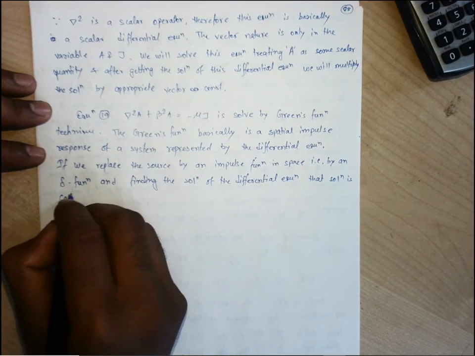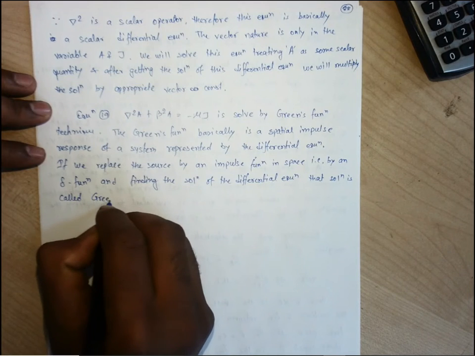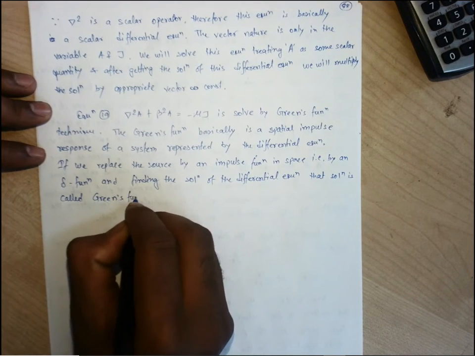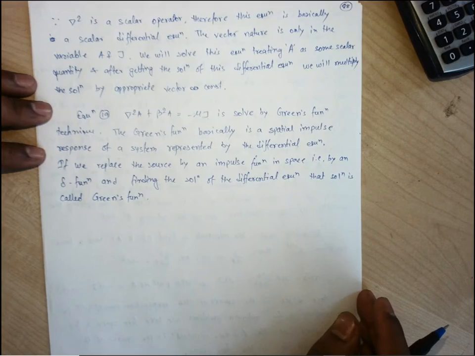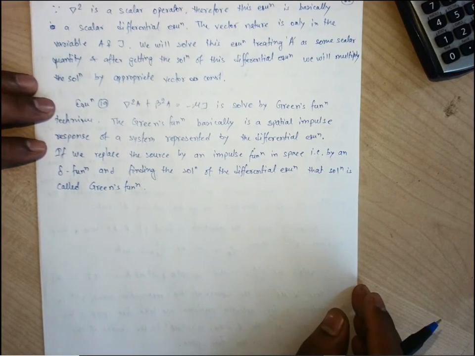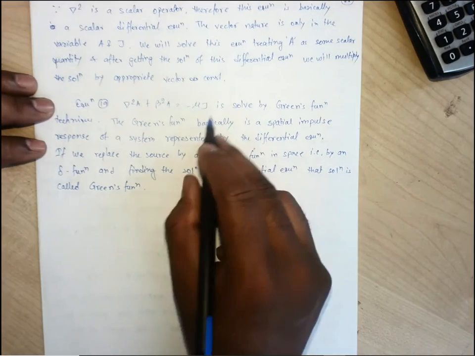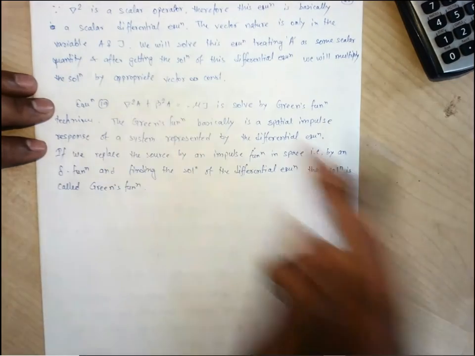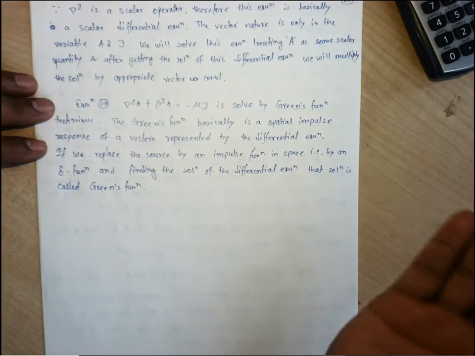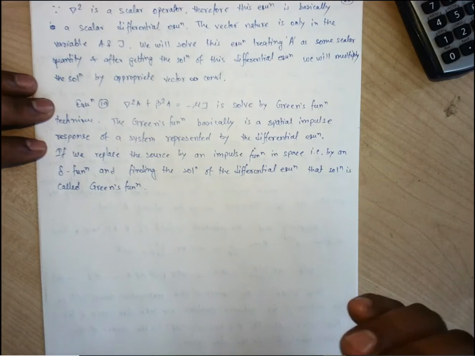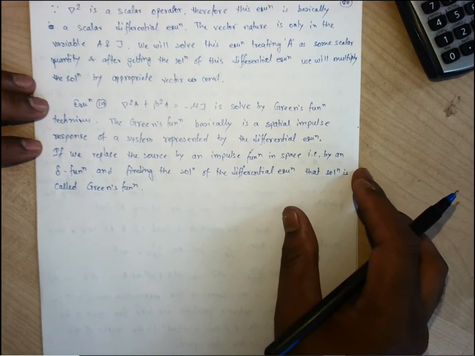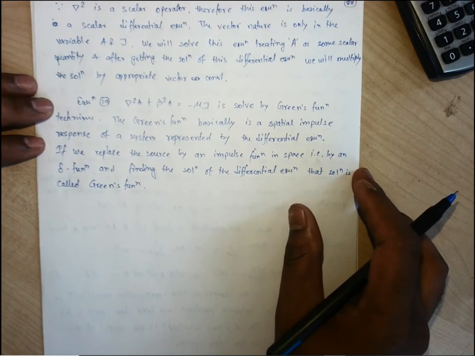So if we replace this whole system by delta function, then whatever response we get is represented by Green's function.